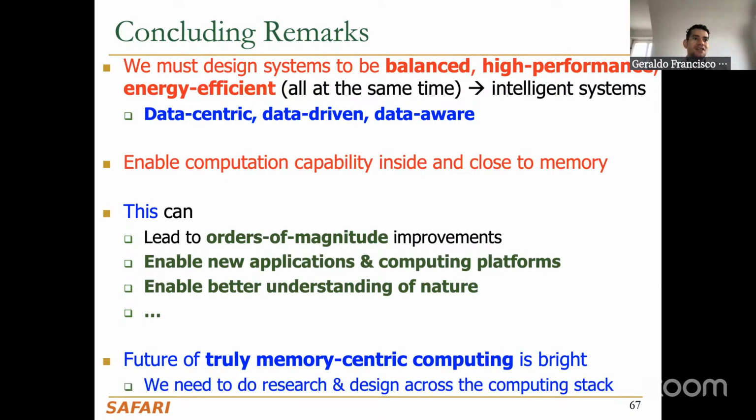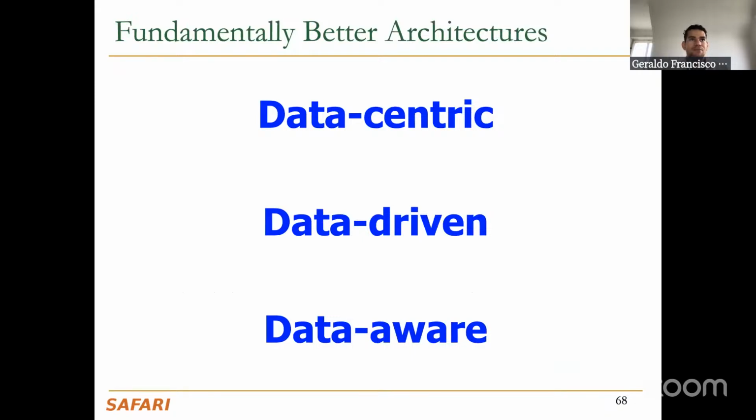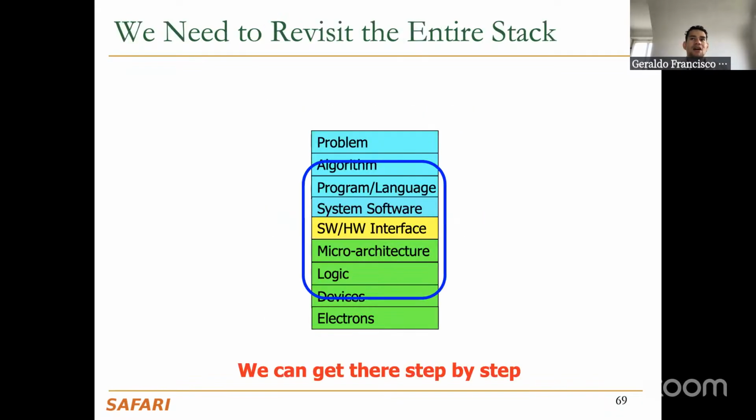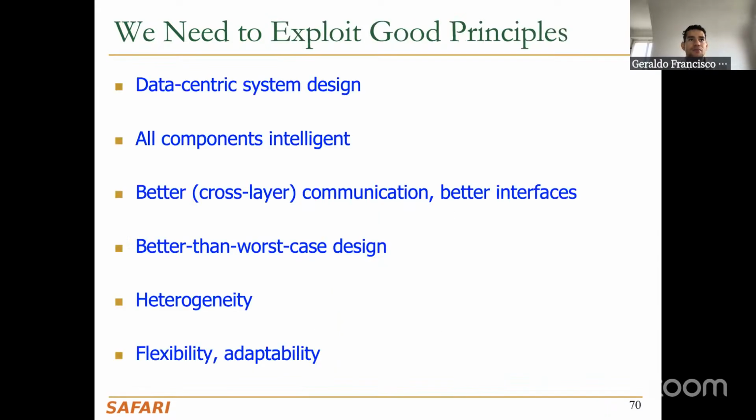We're just starting. We need to do more research and design better architectures across the computing stack, one step at a time. This would enable us to fundamentally design better data-centric, data-aware, and data-driven computer architectures, which revisits several assumptions on the way that we design systems today. For all of this, we need good principles.